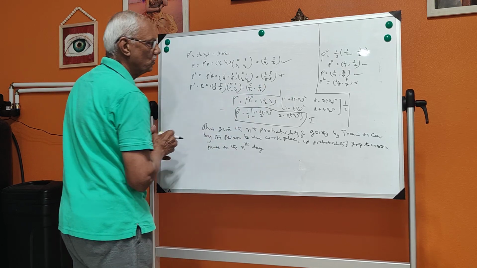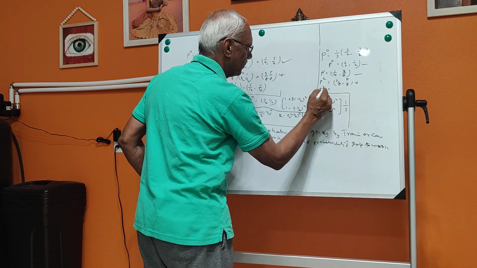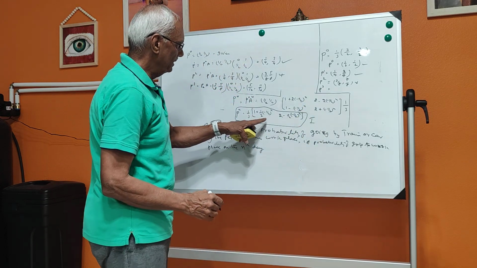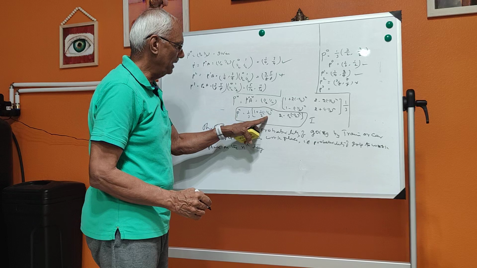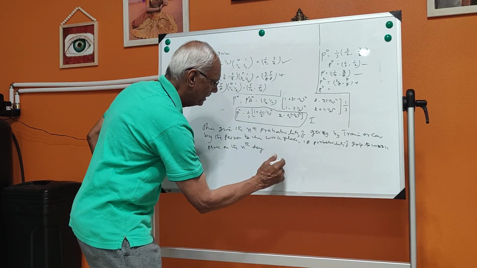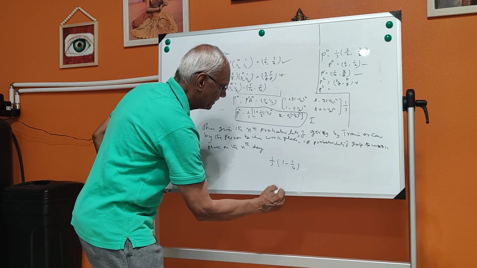Now you put n is equal to 3 here. If you put n is equal to 3, it is minus 1 by 8. It will be 1 by 3 into 1 minus 1 by 16.